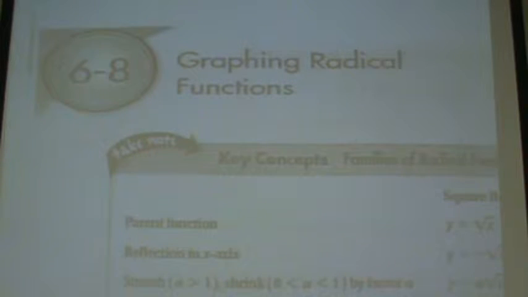I'm seeing that you're struggling with finding the inverses of radicals if you don't know how to graph them. So actually 6.8 should really come before part of 6.7, if that makes any sense.